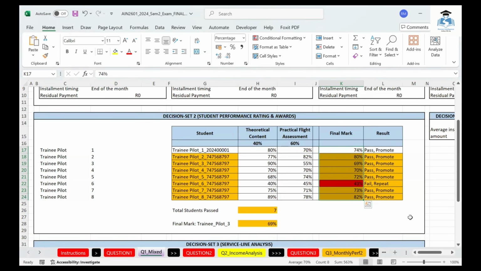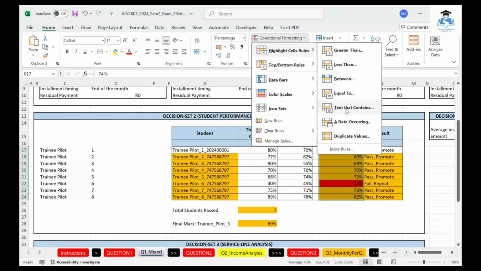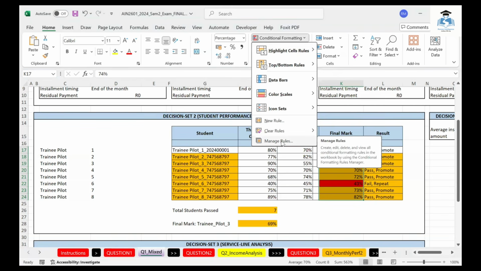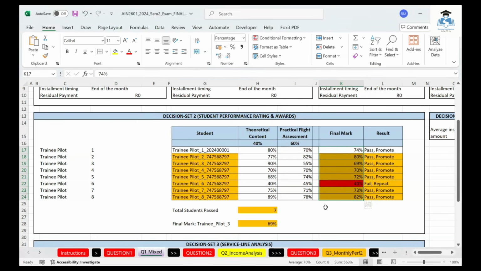You can use these rules: greater than, less than, text that contains. Or go to manage rules and create your own formula there. But I think you did these in AIN2601, in 1501, so you know all these functions, this home tab, this ribbon and everything.